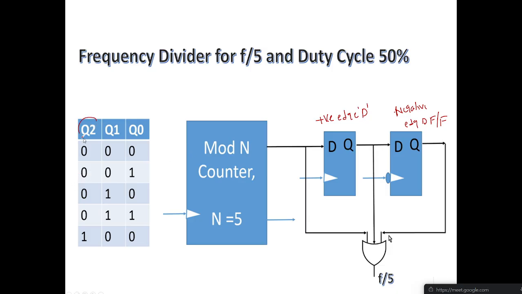Here, in order to get Q2, can I take Q1? Q1 is off for 3 clock cycles and on for 1 clock cycle, two clock cycles, which means I can take out 0.5 from here. I can use only one negative edge trigger D flip flop.